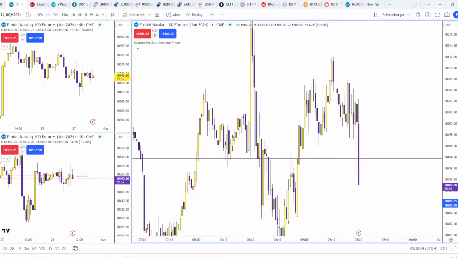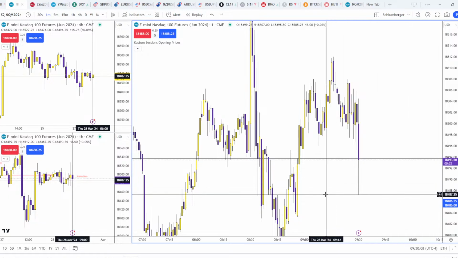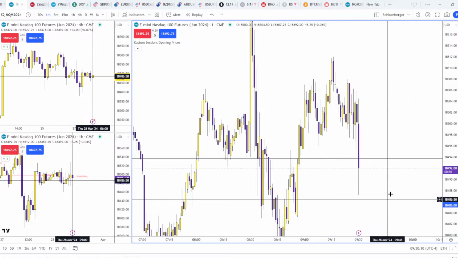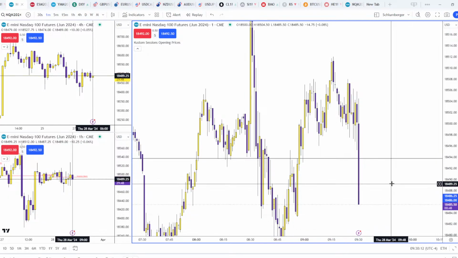There's the open. We wanted to go down. Down she be. Come on down.